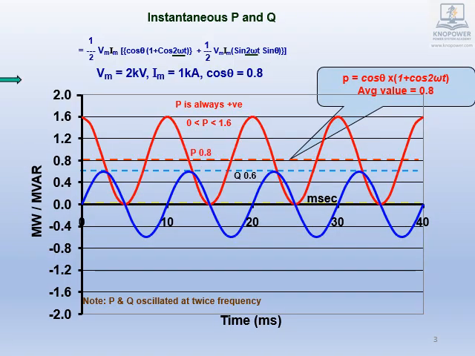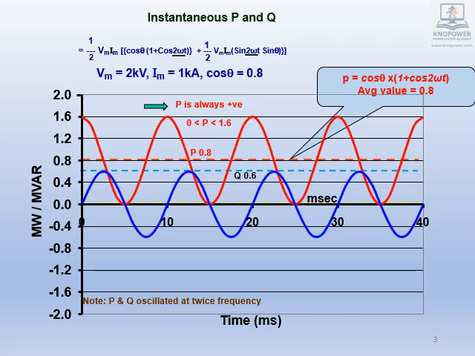The graph for active power variation is shown in red. P varies around an average value of 0.8. P is always positive. It oscillates between 0 and 1.6, around the average value of 0.8.